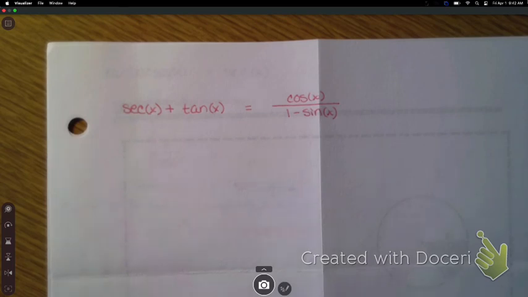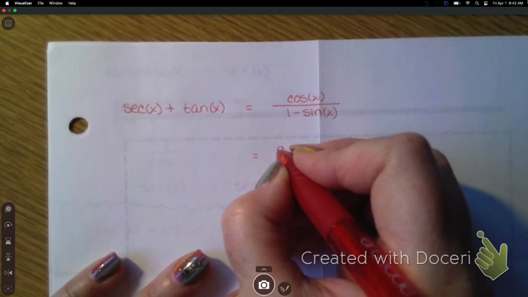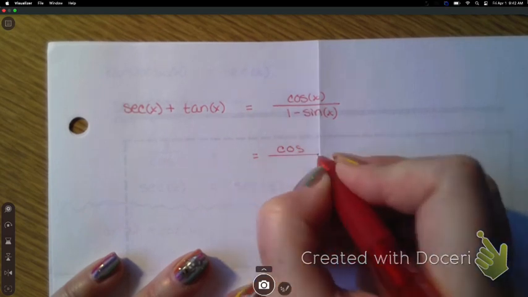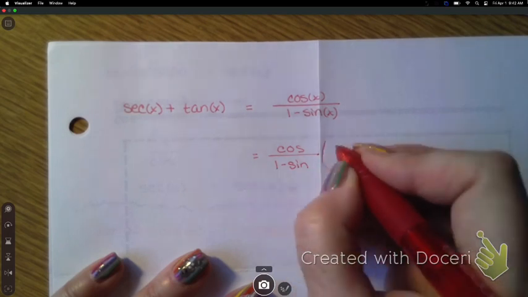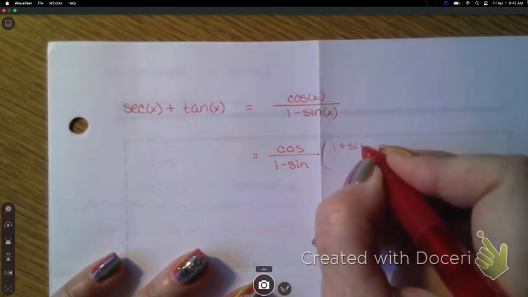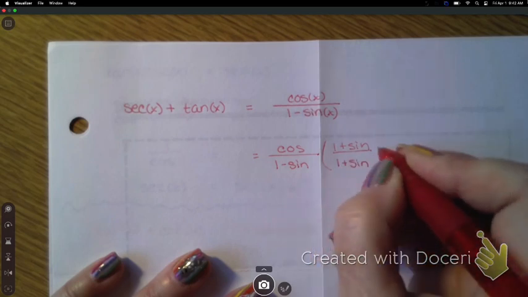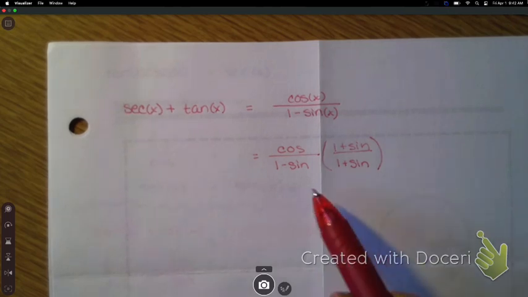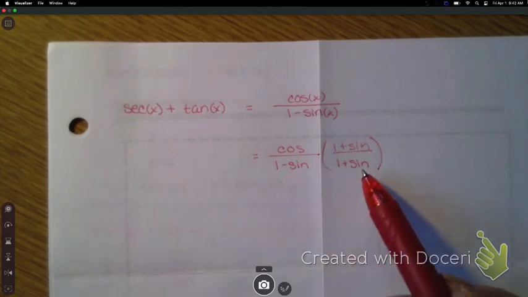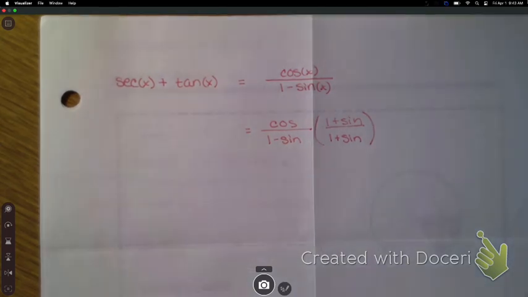Yes. I won't let you FOIL it out, but you could do 1 plus sine over 1 plus sine. That's legal because I'm really just multiplying by 1. And our goal is to get 1 minus sine squared, which equals cosine squared, doesn't it?